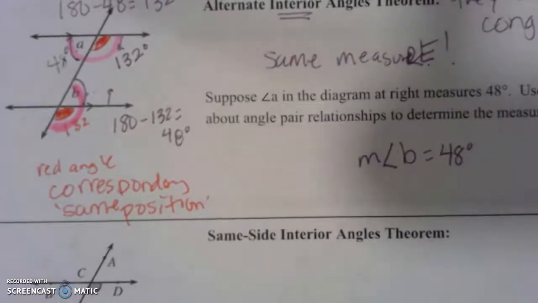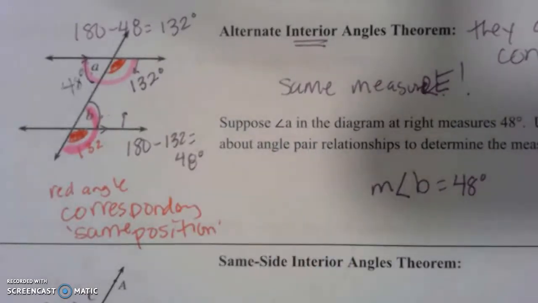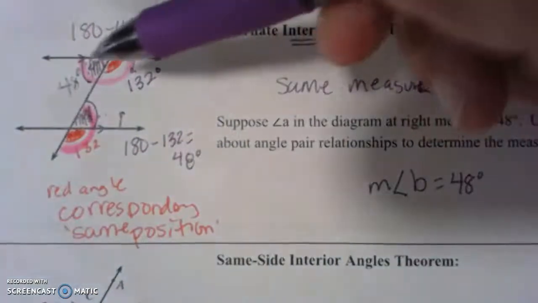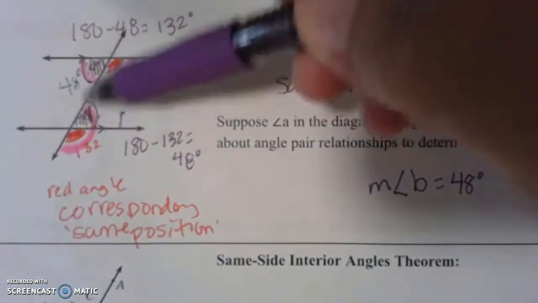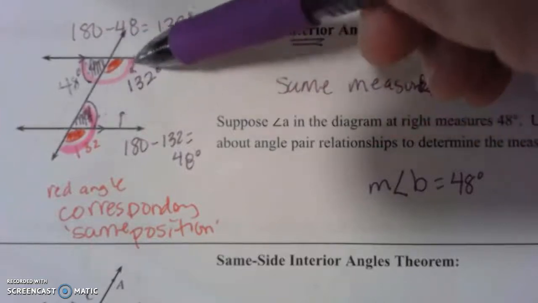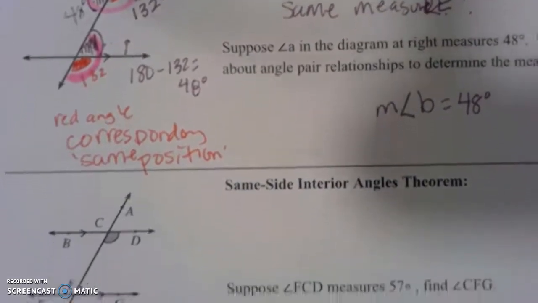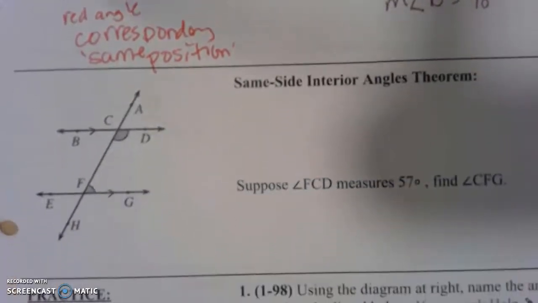All right, so your job is to understand that the relationship between angle A and angle B is alternate interior. They alternate across, or they switch across the transversal, and they're both on the inside of those parallel lines. Okay?